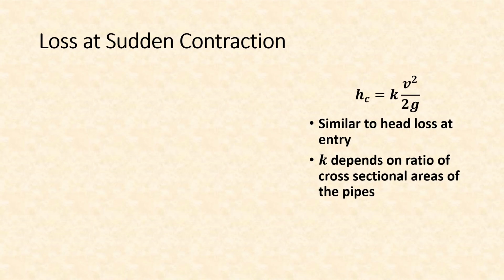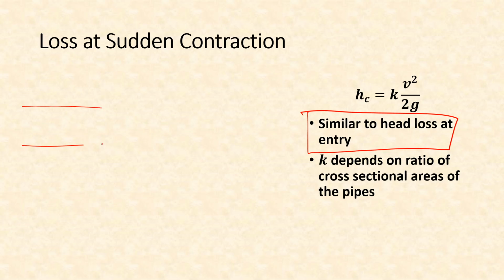Now loss at sudden contraction is similar to head loss at entry. If we consider a large pipe and suddenly it becomes a small pipe, the diameter decreased. So in that case, similar to entry into a reservoir, all these flow lines will converge, and a similar situation will be created just like entry from a reservoir.